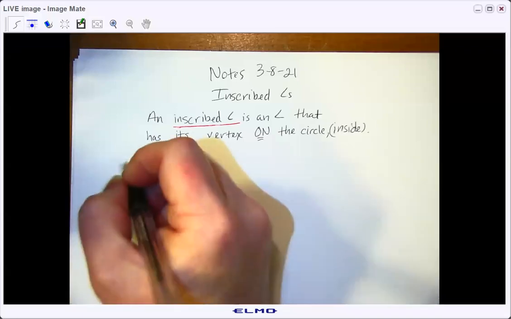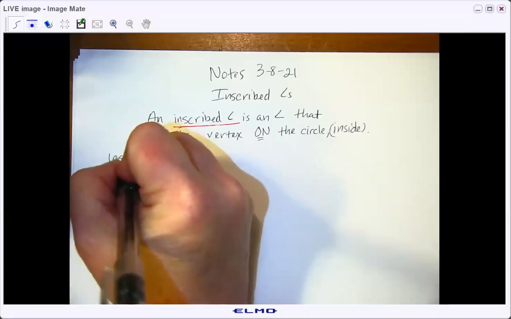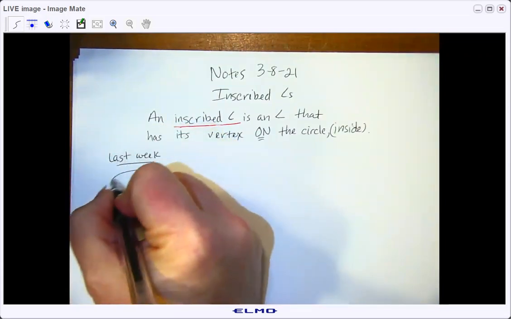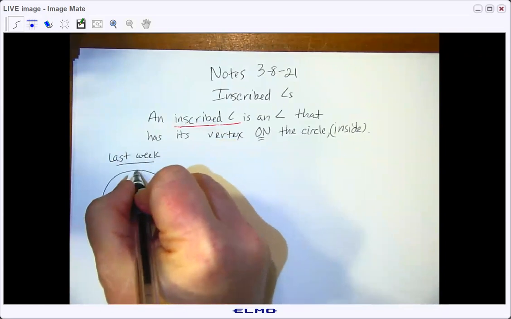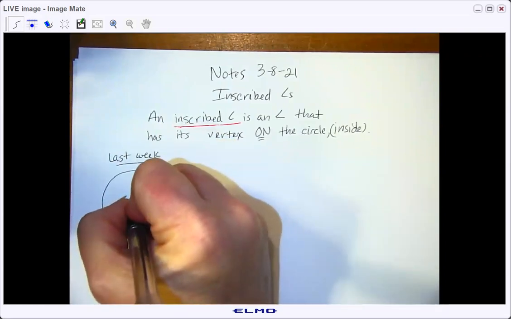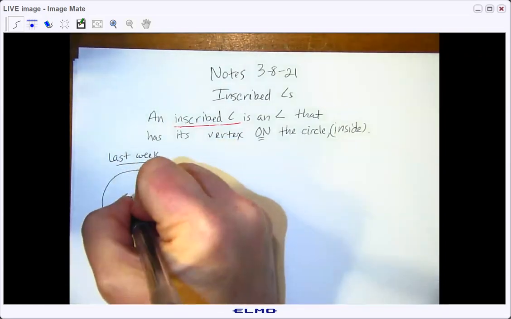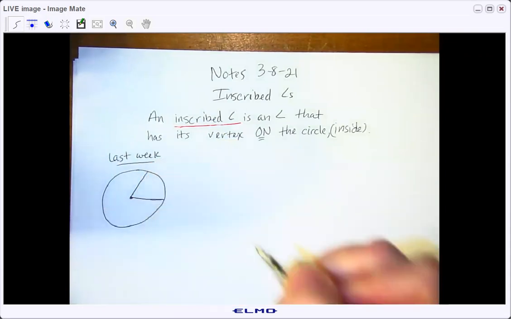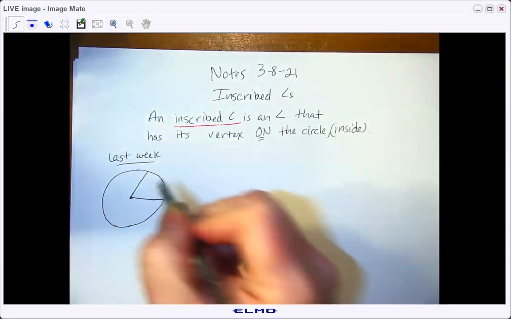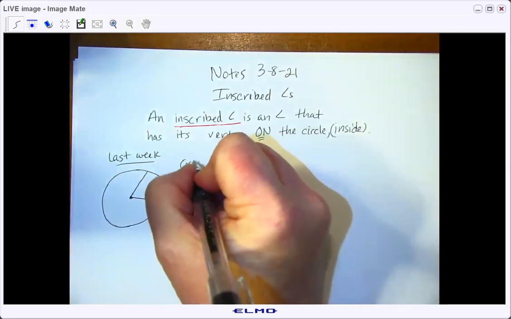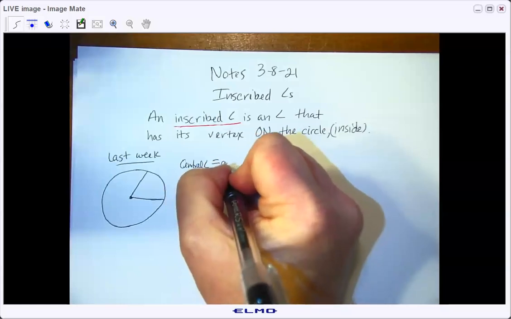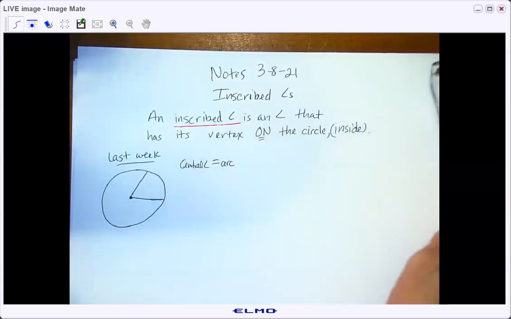So last week we learned that if we have a circle and there's its center, if we have an angle whose vertex, that's the pointy part, is sitting at the center, called a central angle, it is equal to its matching arc.